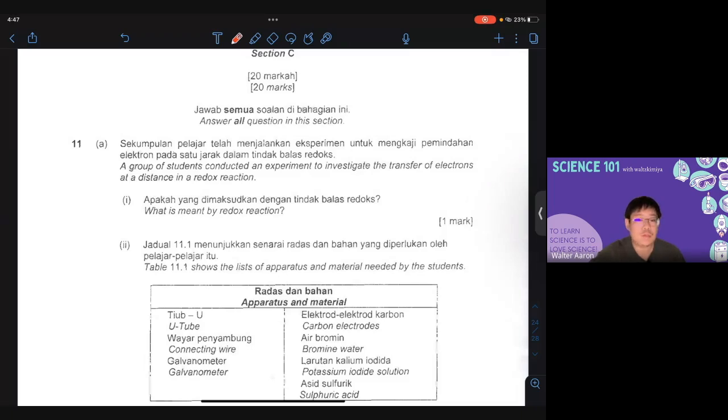I would say that a redox reaction is an oxidation and reduction that occurs simultaneously.